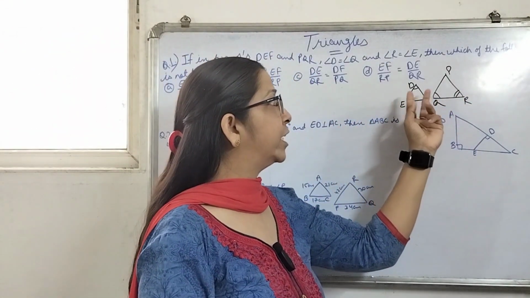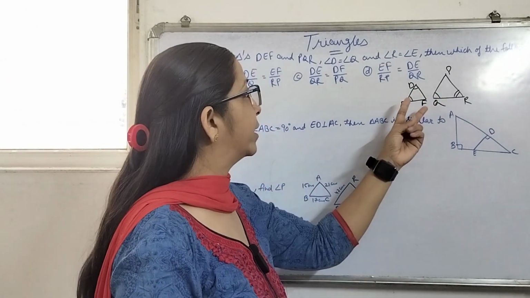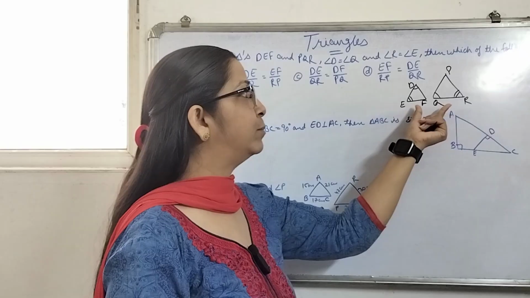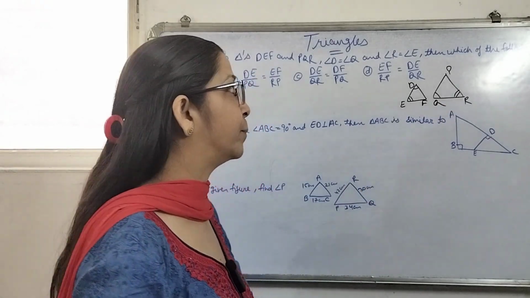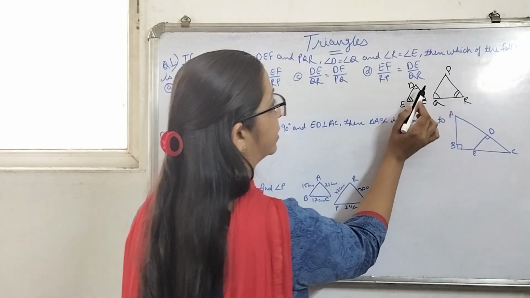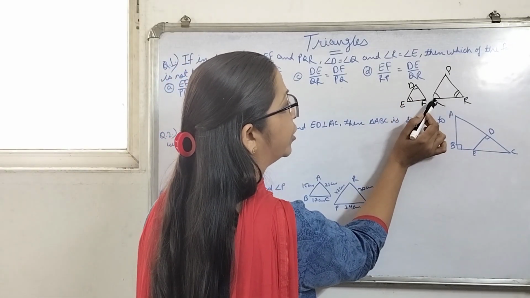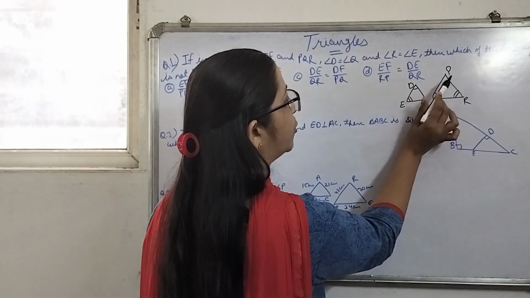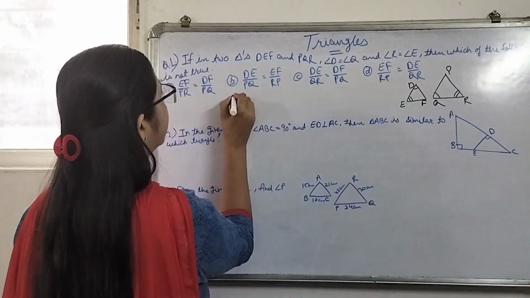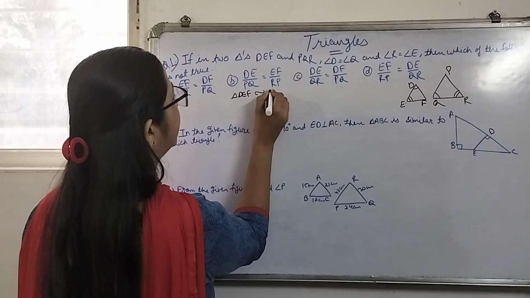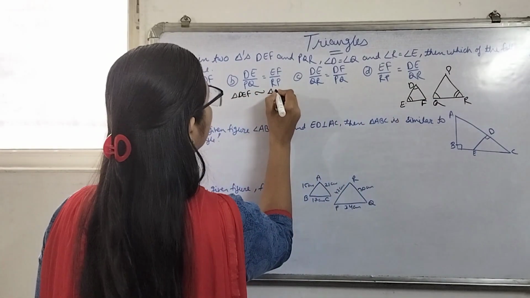Now we know that if in two triangles two corresponding angles are equal, then by AA similarity both triangles are similar. But in these two triangles, angle D will correspond to Q, E will correspond to R, and F will correspond to P. That means triangle DEF is similar to triangle QRP.